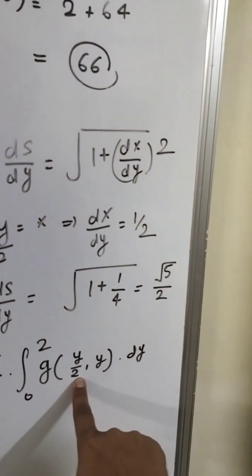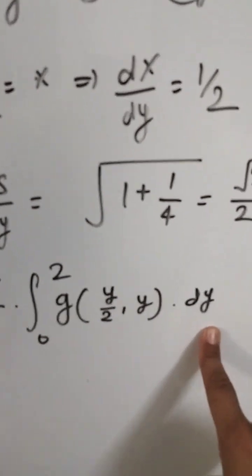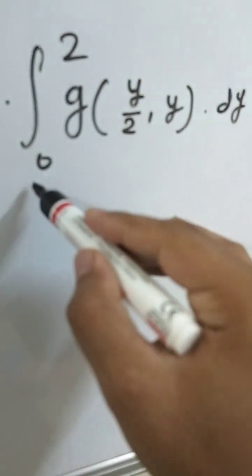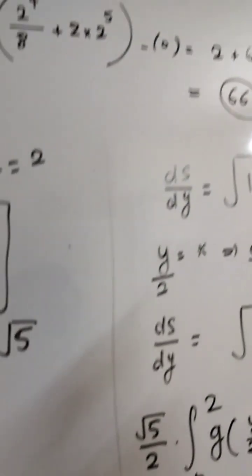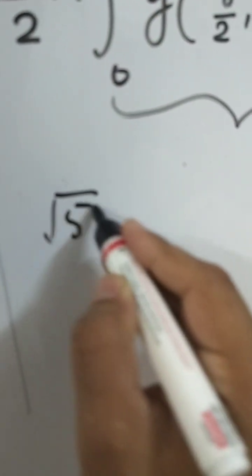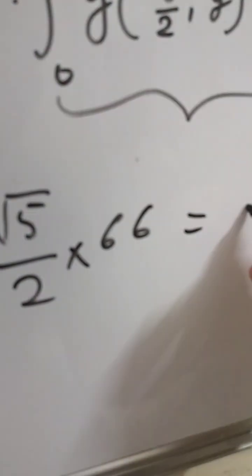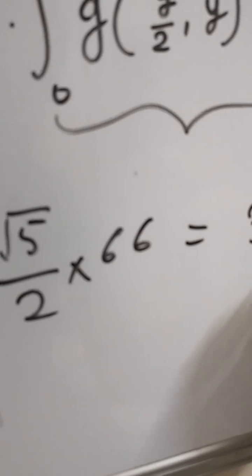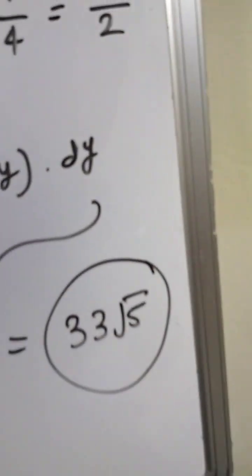Here you need to change x equals y by 2, y as it is. Means in terms of all y, and integrate with respect to y. So again, this we already solved. The answer was 66 in the previous question. So there will be root 5 by 2 into 66, that is 33 square root of 5. The answer must come the same.